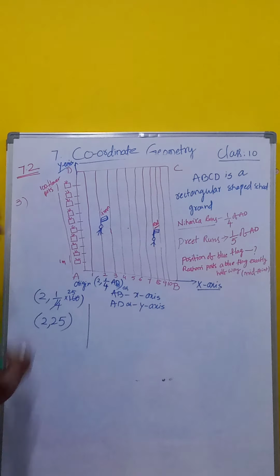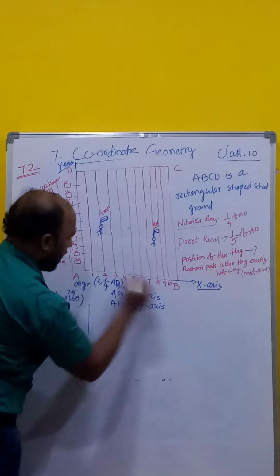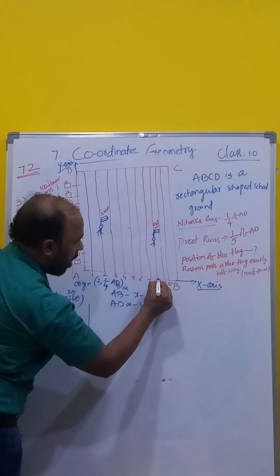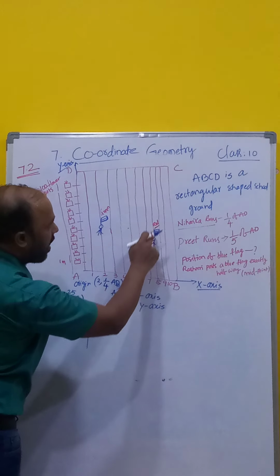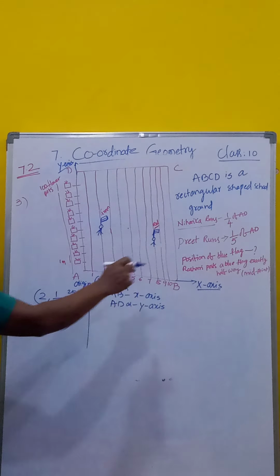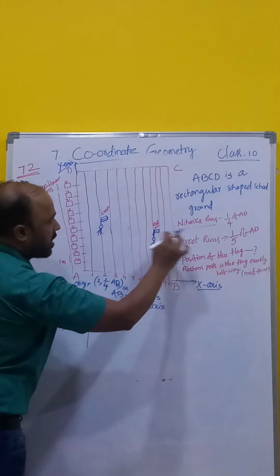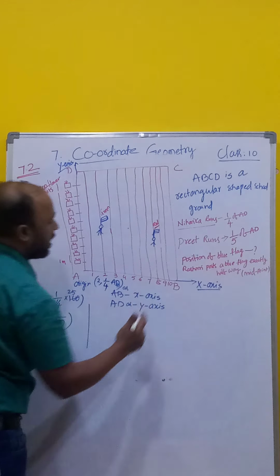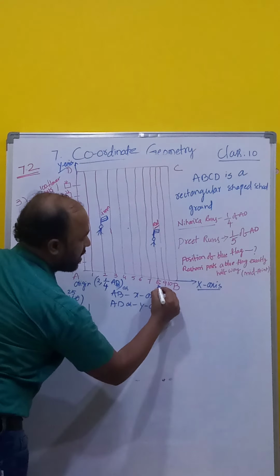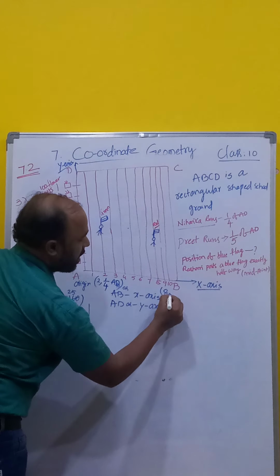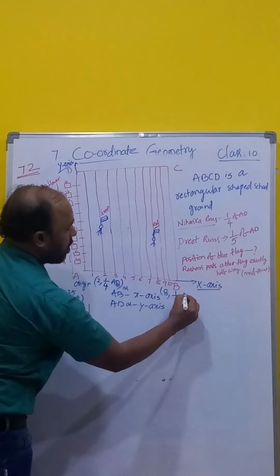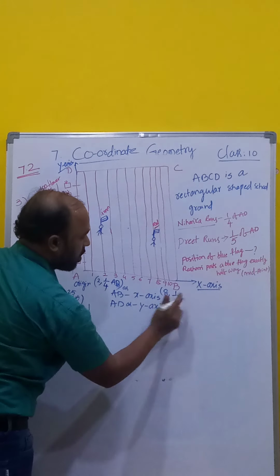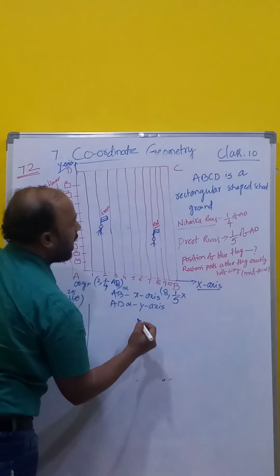And second time, the x-axis point is 8. Then where is the red flag? That is the condition again: Preet runs and posted here 1 by 5 of AD. The x coordinate is 8, the y coordinate is not given but the condition is 1 by 5 of AD.